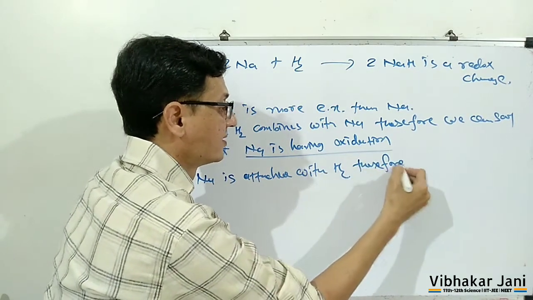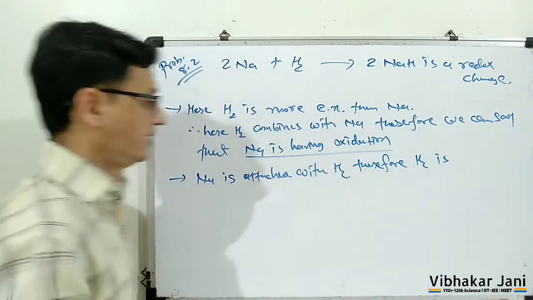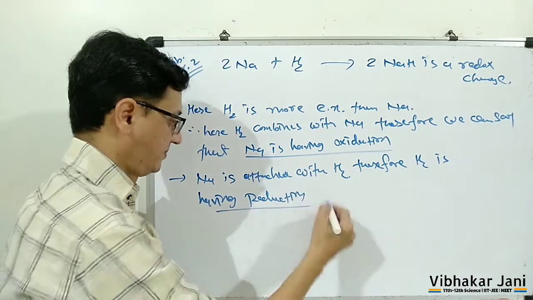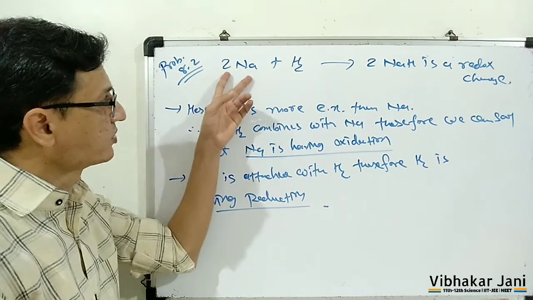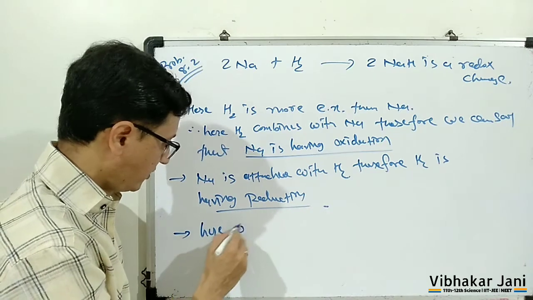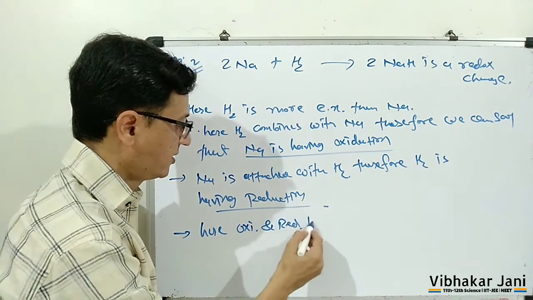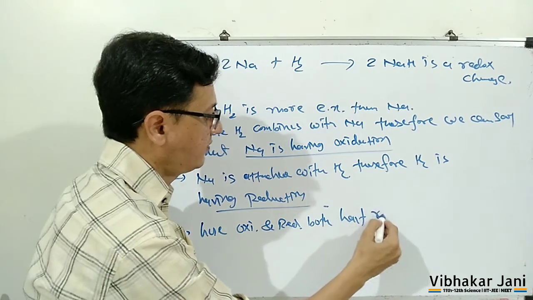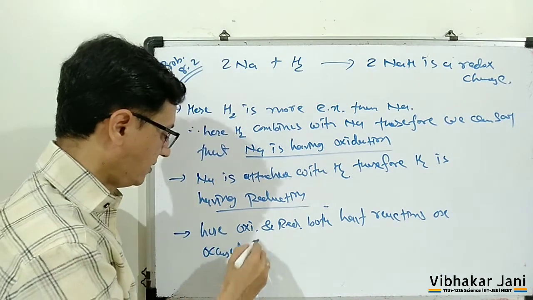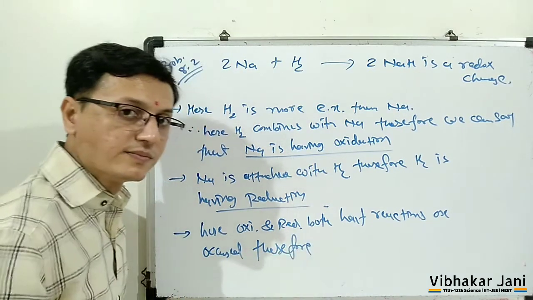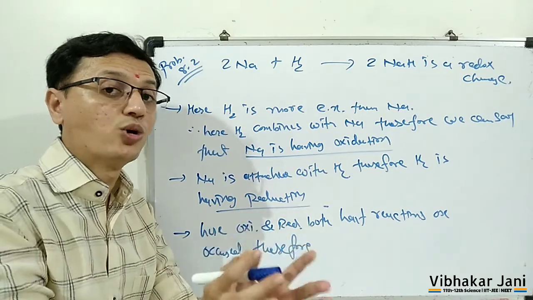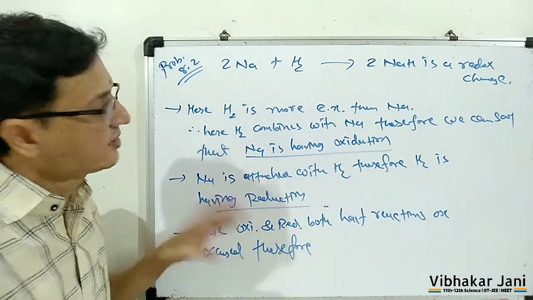Therefore, H2 is having reduction. So sodium is having oxidation and hydrogen is having reduction. And as here, oxidation and reduction both half reactions occurred. Therefore, the above reaction is considered as a redox change. That's all. This is the answer.